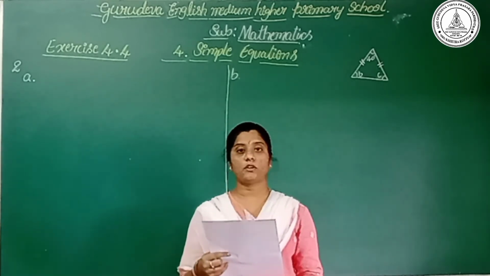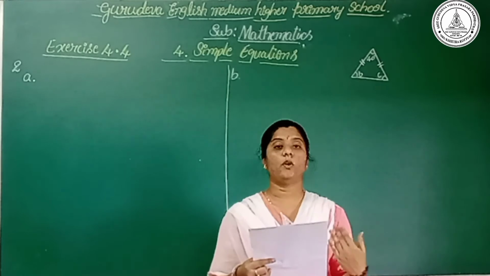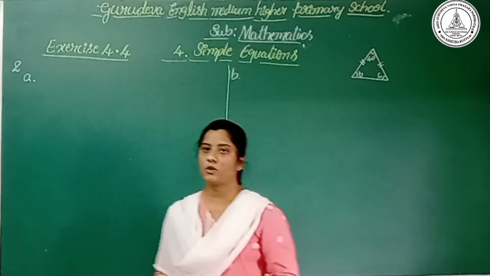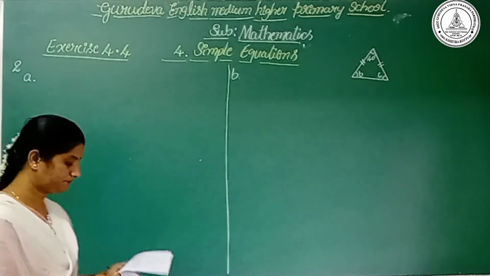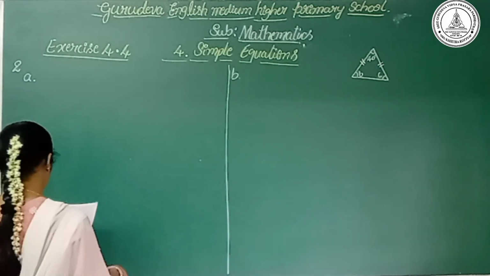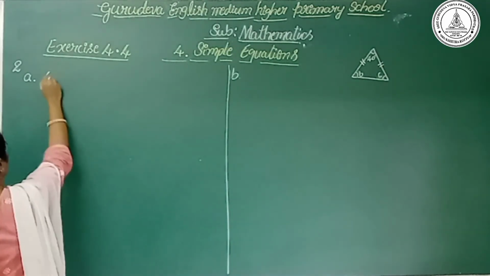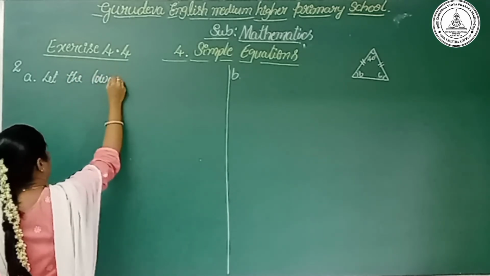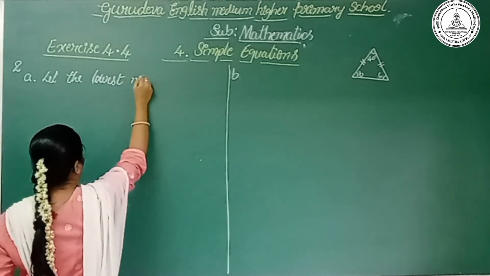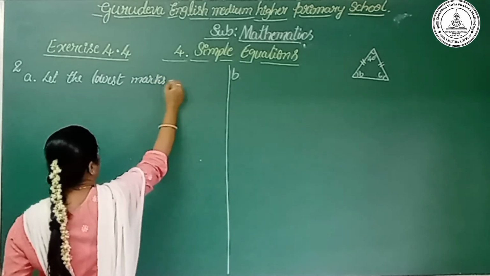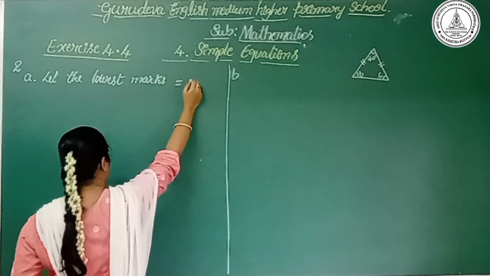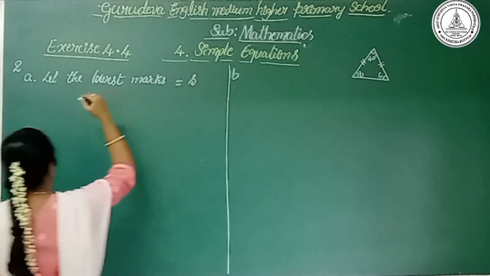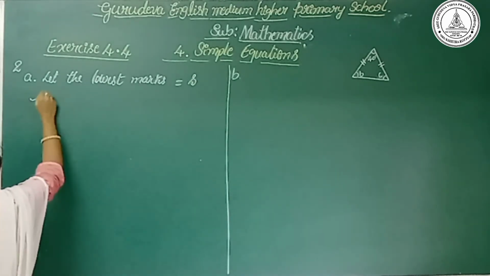Then what is the lowest score? Let the lowest score, the lowest marks, be S. Then according to the equation, what is it?